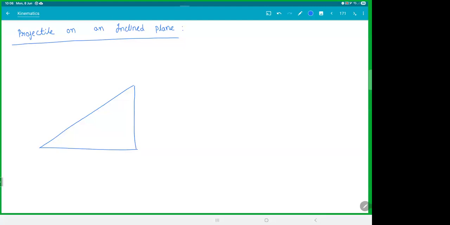So what is an incline here? Let's say we have a wedge kind of thing. This is an incline structure here. This angle is alpha. Alpha is called the angle of inclination. This is the angle made by the wedge with the horizontal. And let's say you projected a particle with U and theta. This thing goes and falls somewhere here.